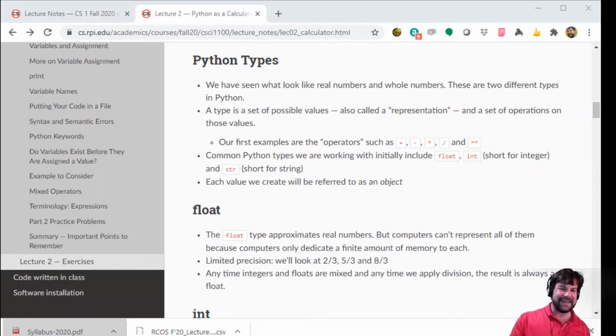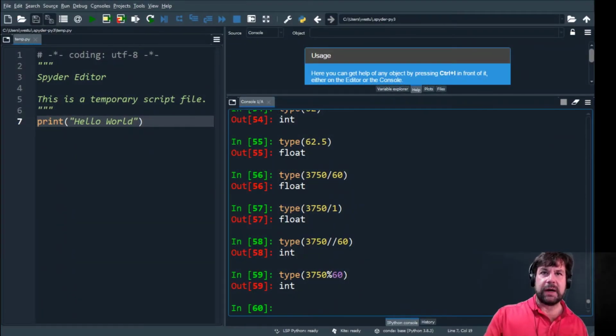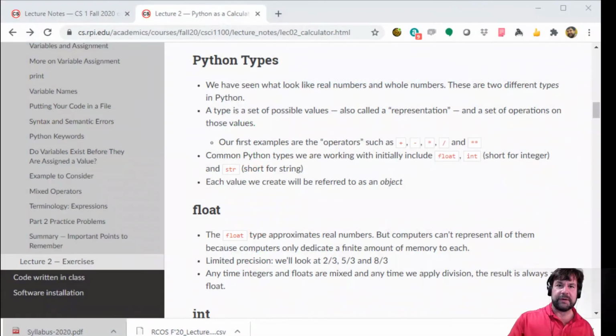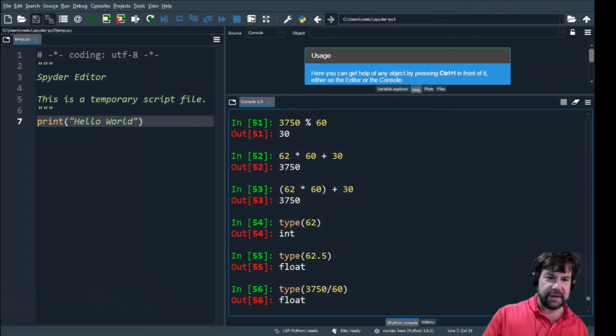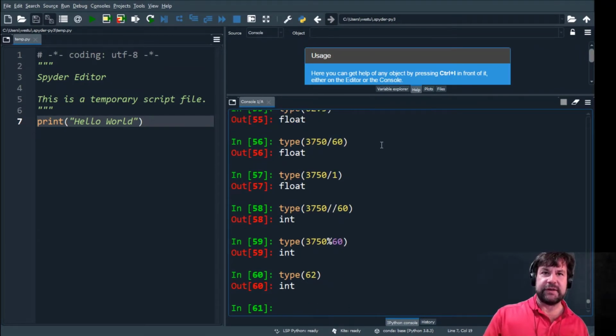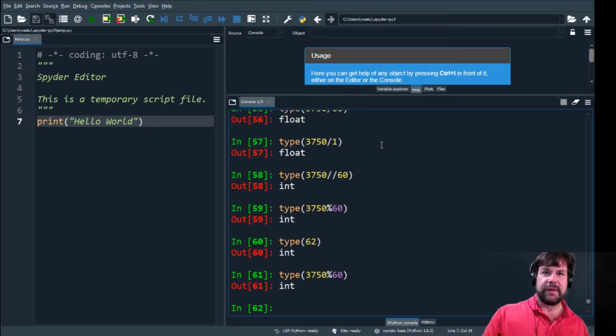All right, so you can use the type function. 62 is an integer, 3750 remainder or modulo 60 is an integer.